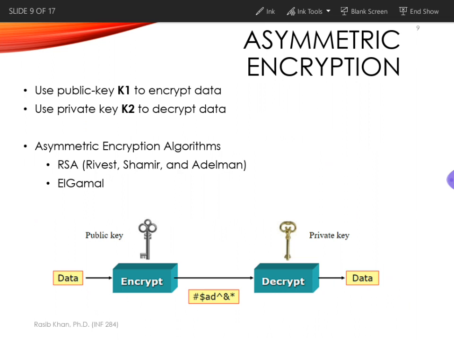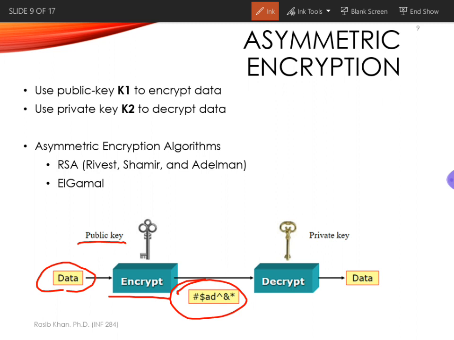The next version is asymmetric encryption. The thing here, which is slightly different, is that the encryption of the data is done with a key that we call the public key. The public key encrypts the data, and the data then becomes protected and encrypted, so even if you look at it, you will not understand what it means.